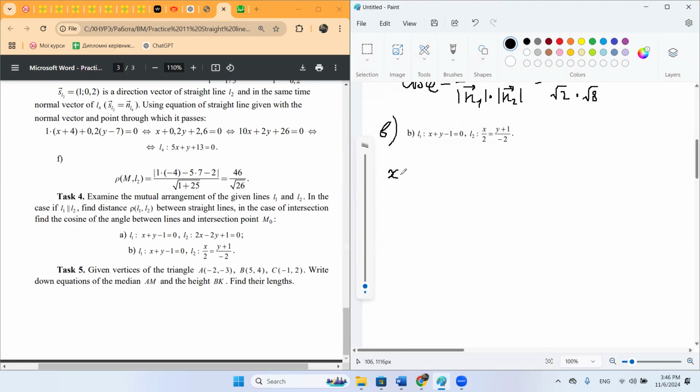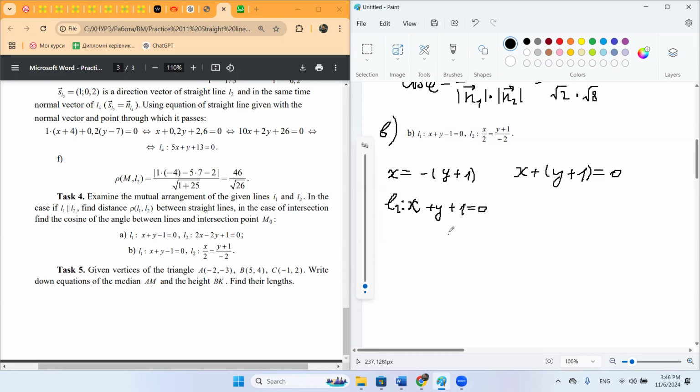So x equals minus y plus 1. Then x plus y plus 1 equals 0. So finally, the equation of L2 is x plus y plus 1 equals 0.